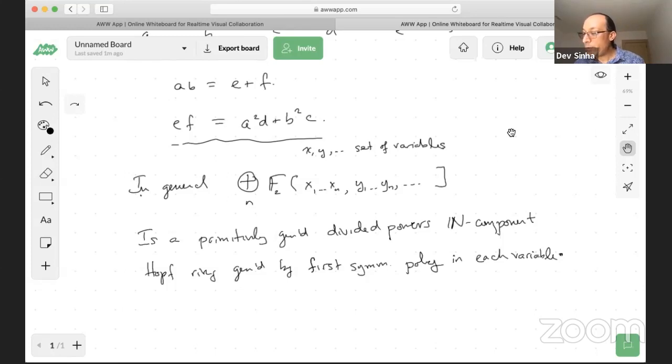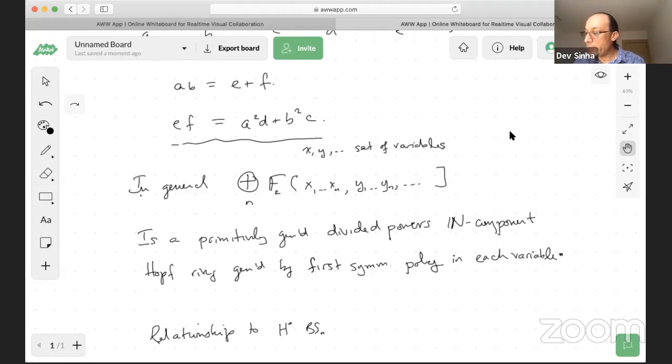So this arises, and we'll make the relationship to cohomology of BSn. Let n equal 8.